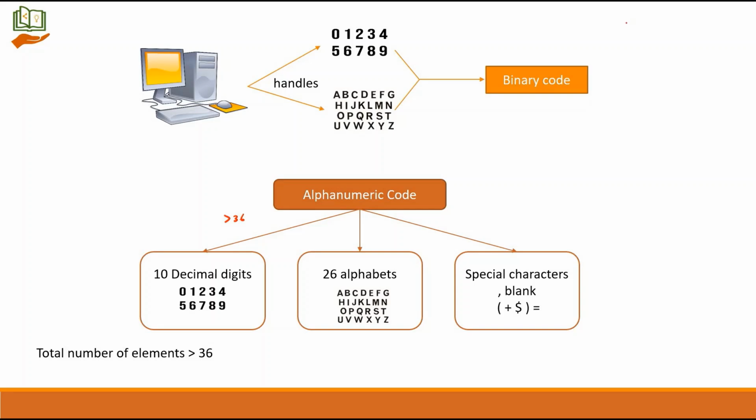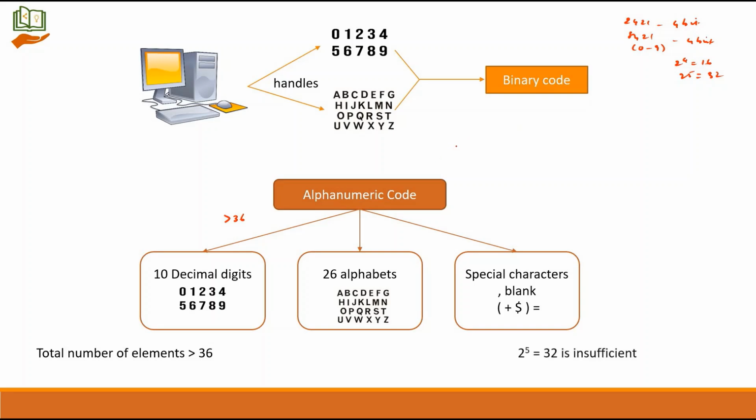When you wanted to represent 2421, you needed a 4-bit code. When you represented 8421 for 0 to 9, you needed a 4-bit code. Till 15 also it is applicable. 2 power 4 is just 16. What about 2 power 5? It is 32. But there are more than 36 characters.